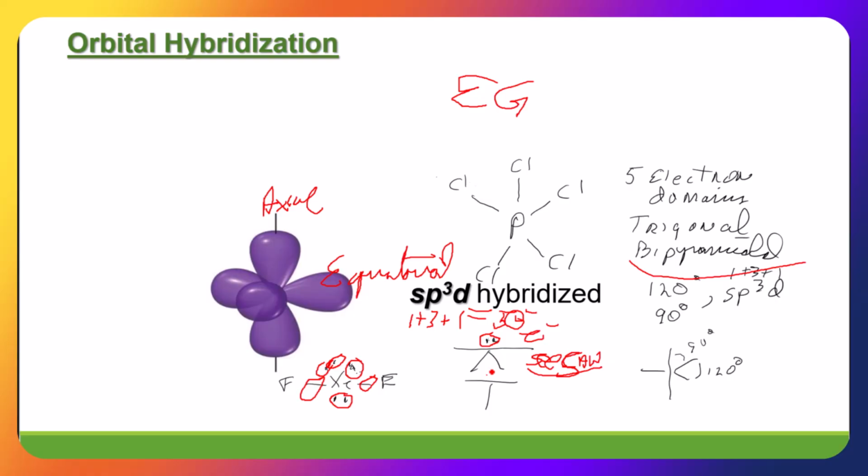If I have, let's say, 2 non-bonding pairs of electrons, I still have 1, 2, 3, 4, 5 electron domains. It's still sp3d hybridized, trigonal bipyramidal electron geometry, but the molecular geometry is in the shape of a T. So we call it T-shape. And one more.